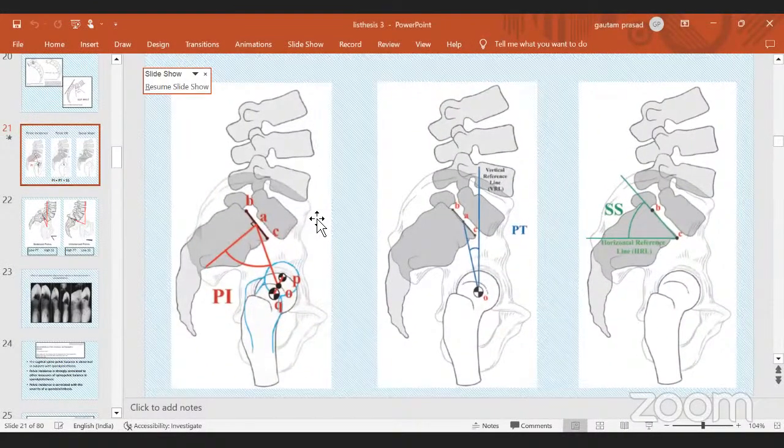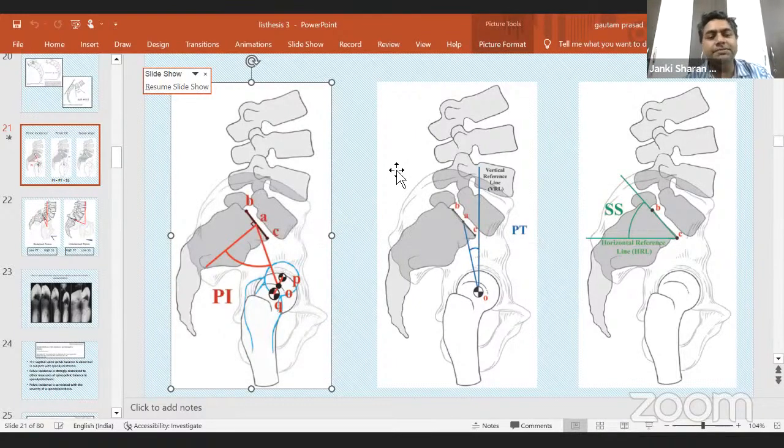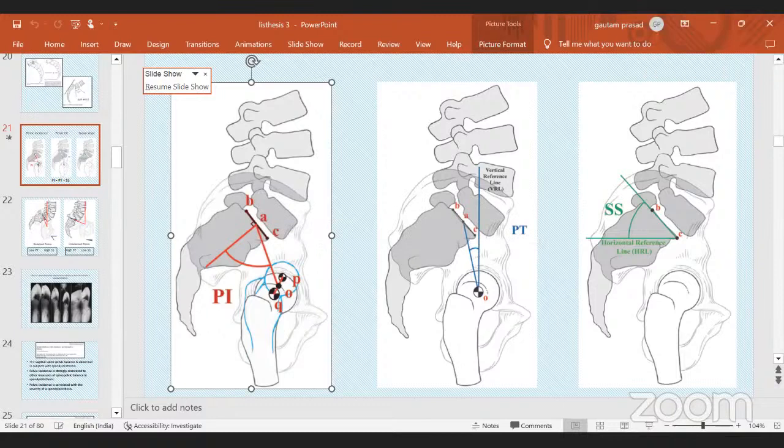Pelvic incidence. So this is the sacral plate. Take the midpoint of the sacrum and draw a perpendicular to it. From that same midpoint, you connect to the midpoint of the femoral head.